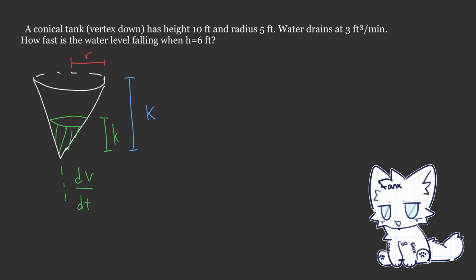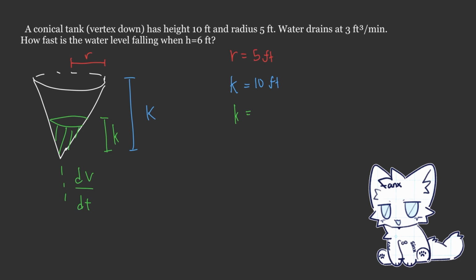So writing out all of our variables, our radius would be 5 feet. Our height of the tank, this is big K, would be 10 feet. And little k would be 6 feet.